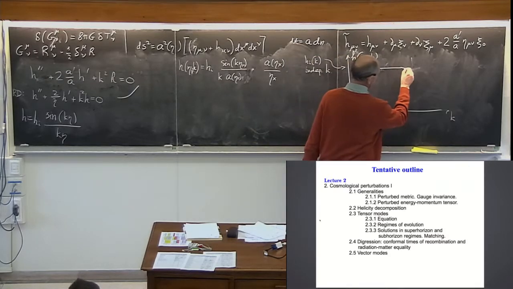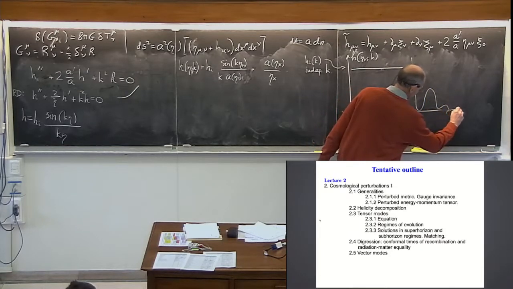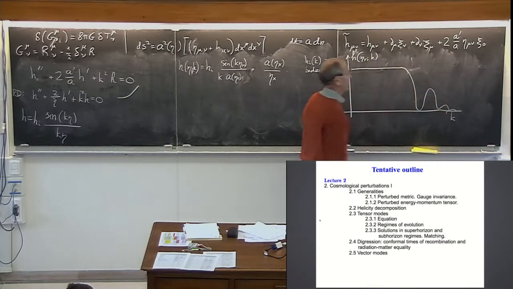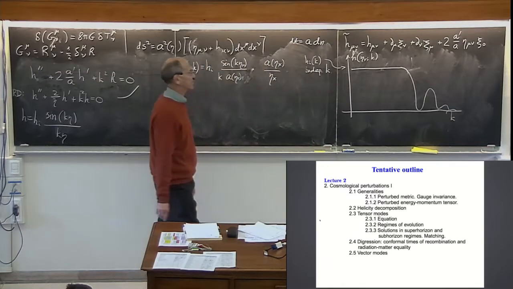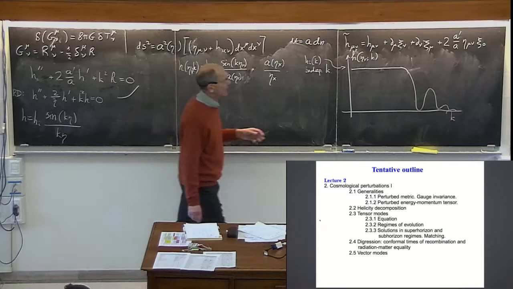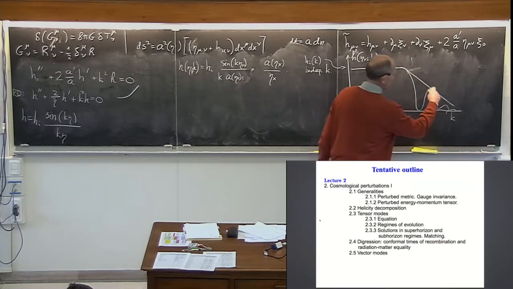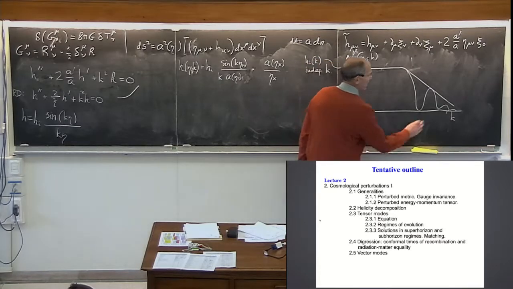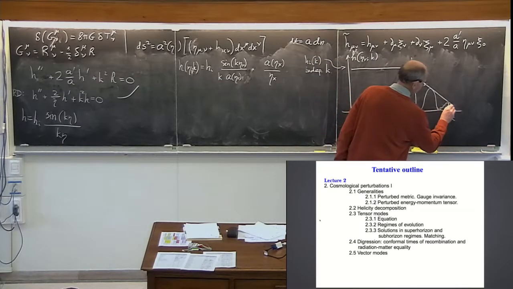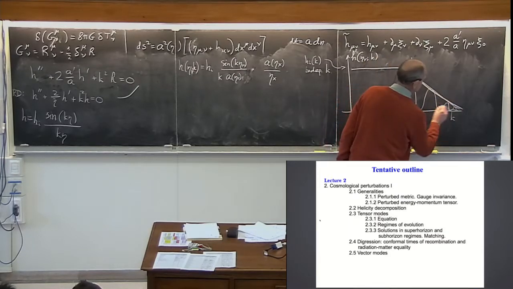So this is constant, and then I have this kind of behavior, right? This is my sine. So I have decreasing amplitude and oscillations with this decreasing amplitude, decreasing like 1 over k in the end.